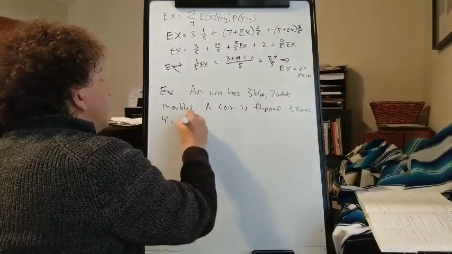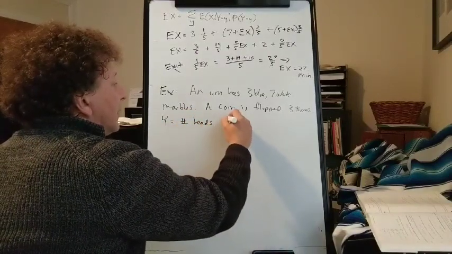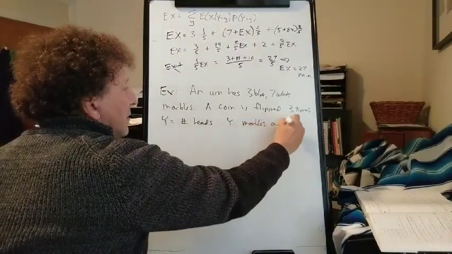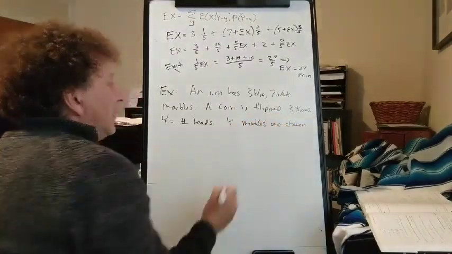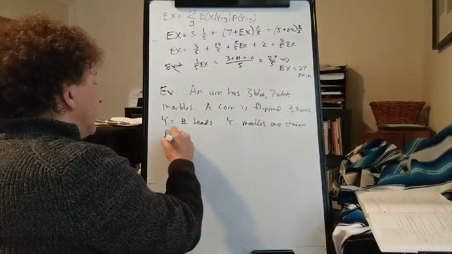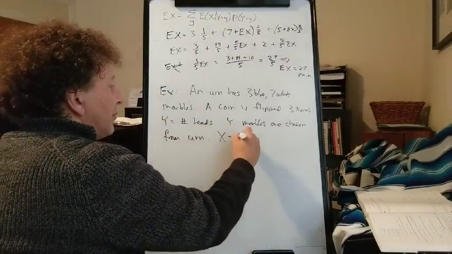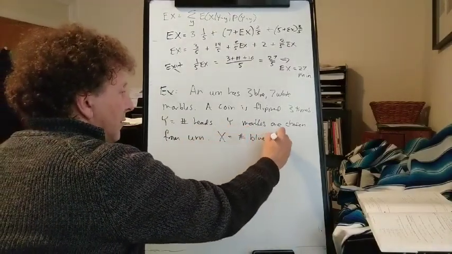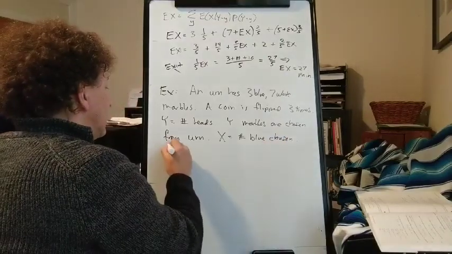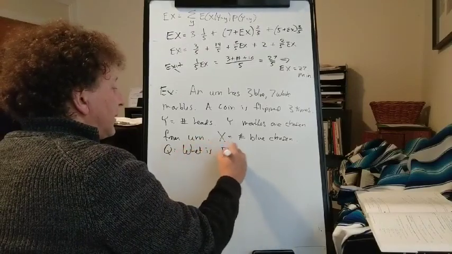Y equals the number of heads. And then Y marbles are chosen from the urn. And X equals the number of blue chosen. The question is, what is the expected value of X?